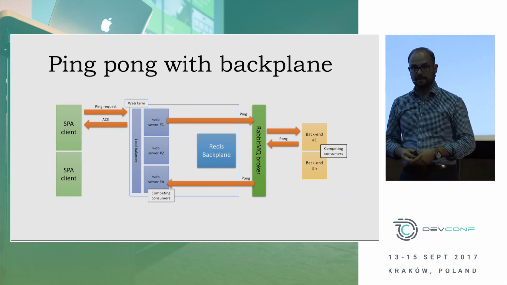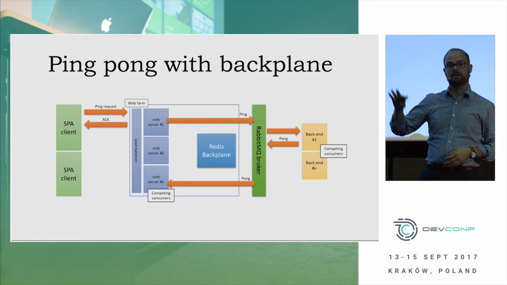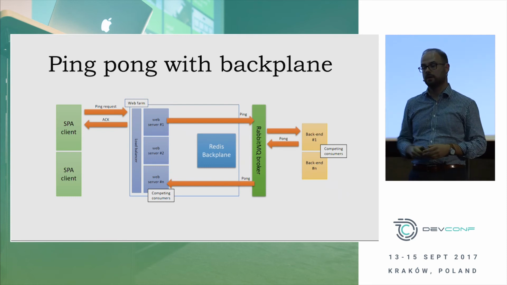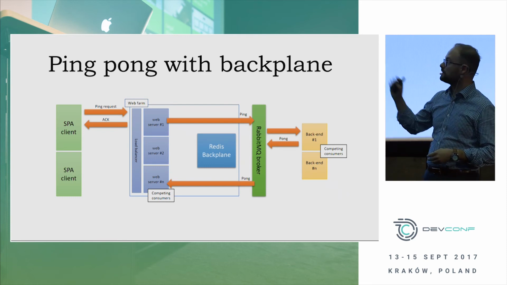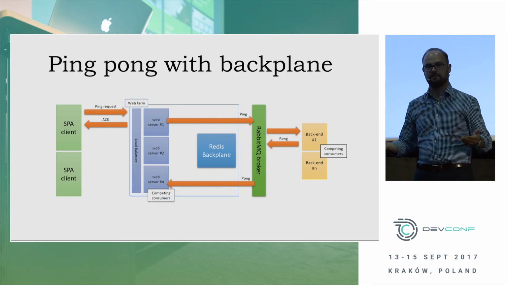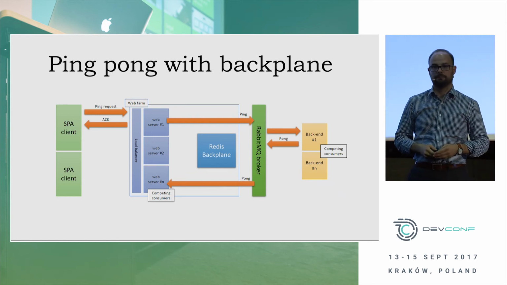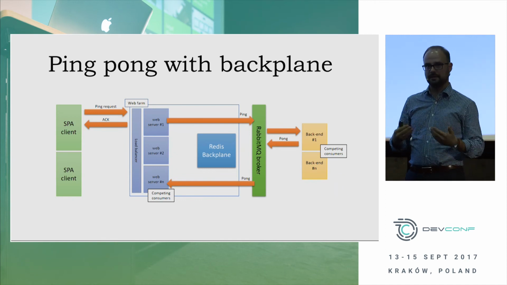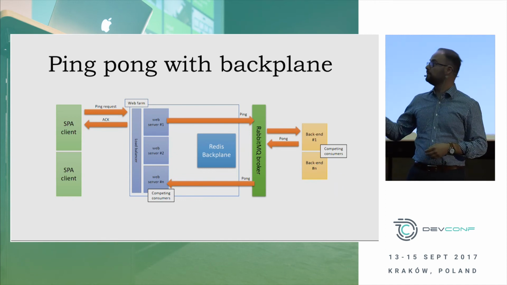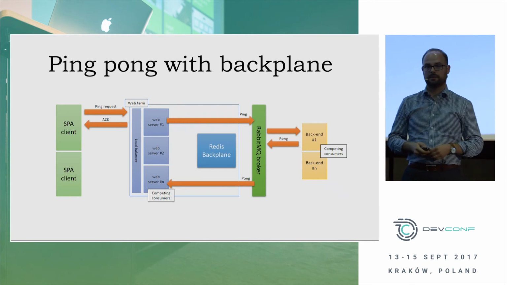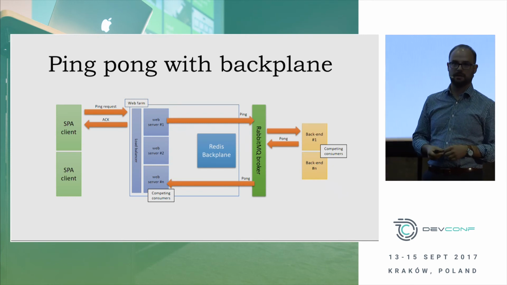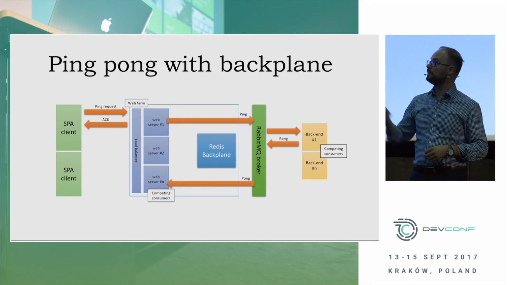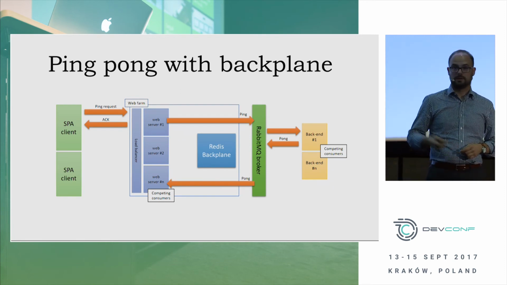And the magic that happens now, because we've been here before, right? The problem was that web server number 3 doesn't have the connection to the client. But what it can do is notify all the other web servers that there's something that should be sent to client number 1, the SPA application up there.